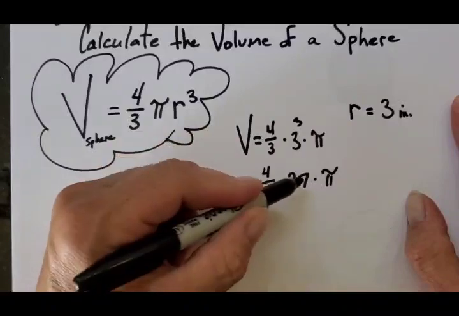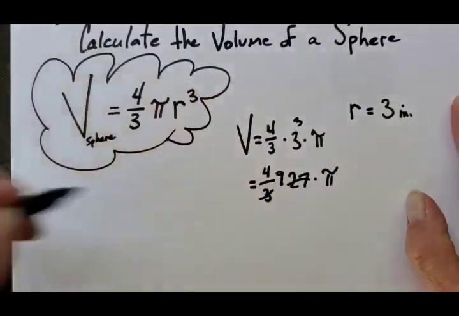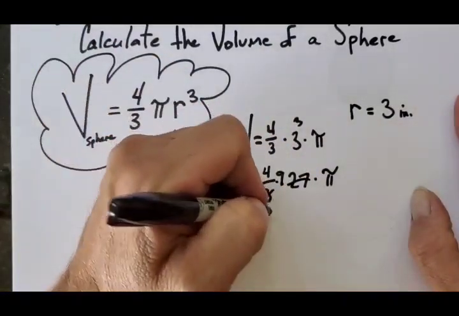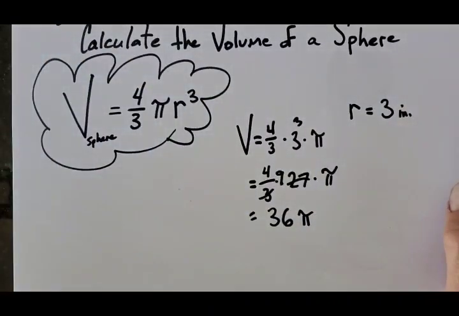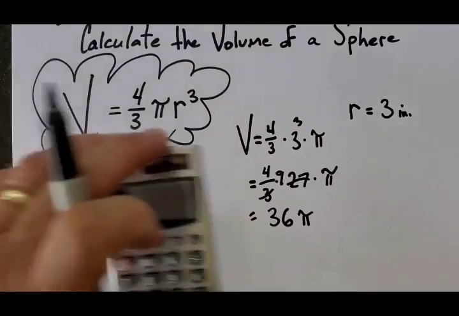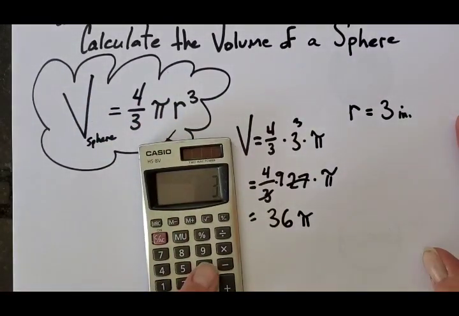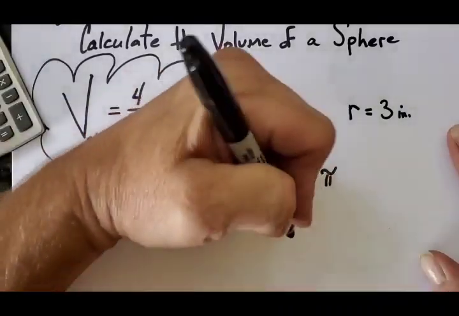I can take the 27, divide it by 3, and have 9 remaining. And 9 times 4 is going to be 36. So I've done all the calculations with relatively little effort, and I'm down to 36 pi as my final calculation. So 36 times 3.14 is about 113.04.